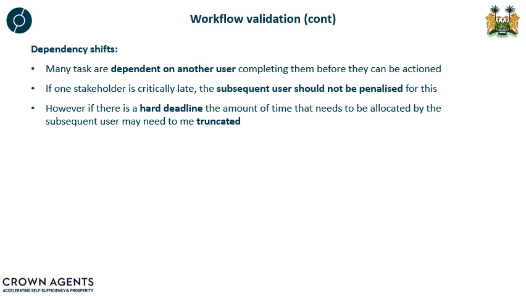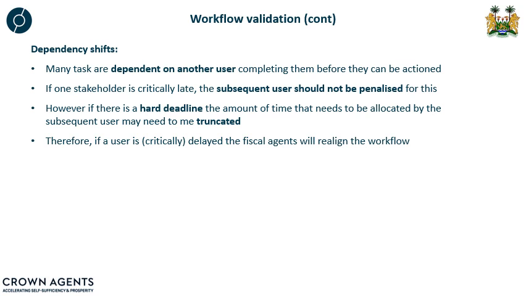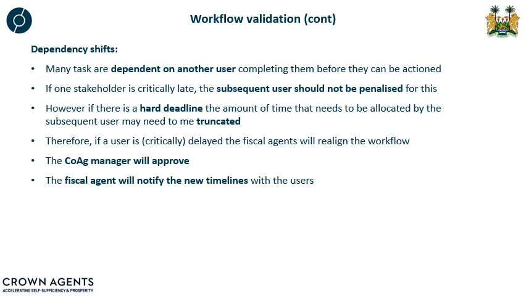However, there'll often be a hard deadline, which means that it's not a simple case of knocking all the tasks forward by a couple of days. Therefore, the CoAg manager may choose to truncate the timelines. Therefore, if a task is critically delayed, the fiscal agent will realign the workflow, which the CoAg manager will approve, and the fiscal agent will notify the new user.